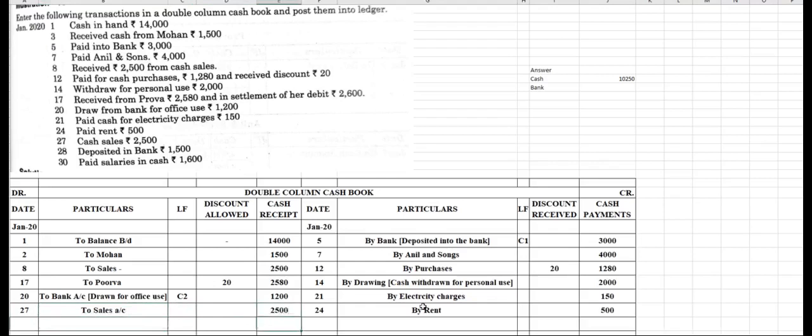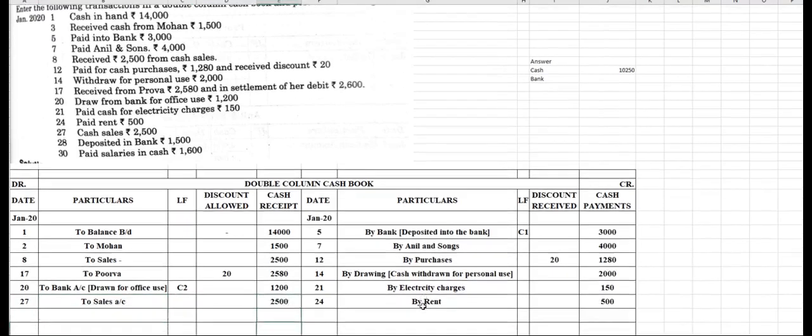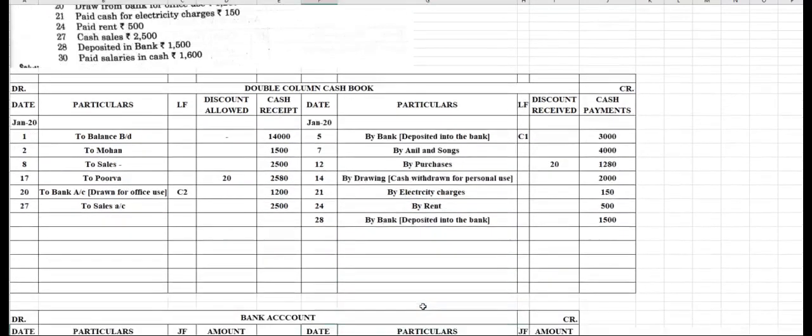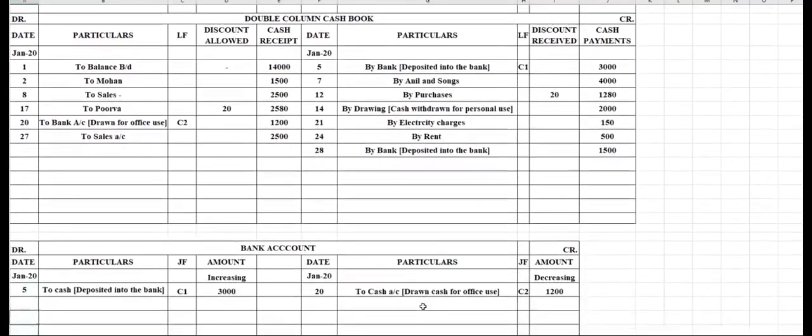Okay, done. On 28th, deposited into bank. So cash is going because it is deposited into the bank. How much? 1500 rupees is deposited into bank, by bank account. And again on 28th here, contra entry. On 28th, to cash, deposited into bank 1500 rupees.